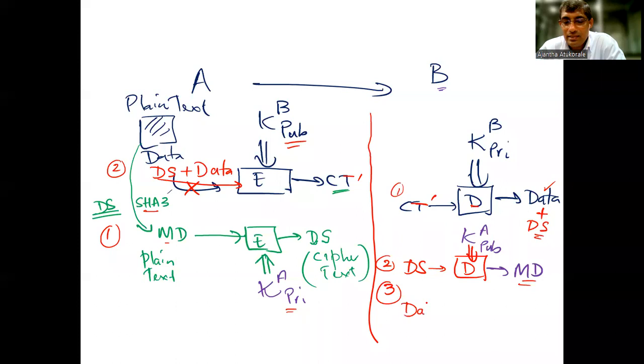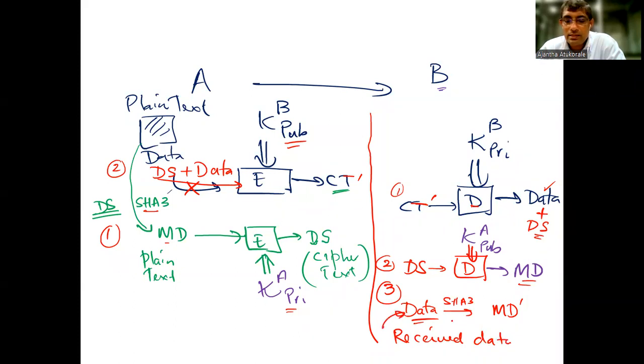You take the received data, put it through SHA-3, which is a common public algorithm, and you get a new message digest from the received data. Here I put MD dash, or red MD, purple MD. Now my fourth step, I'll write it here because I don't have enough space.